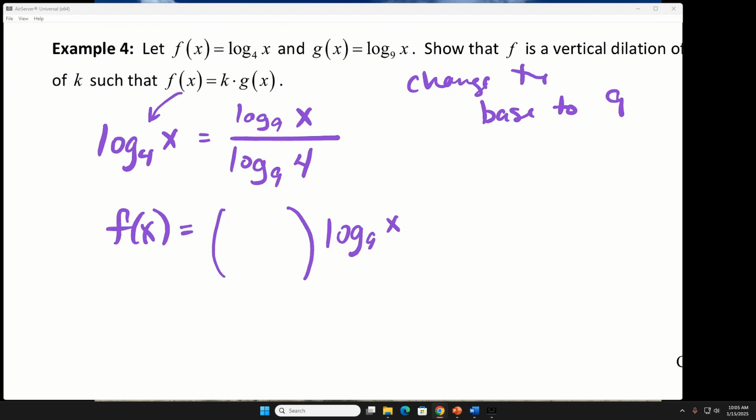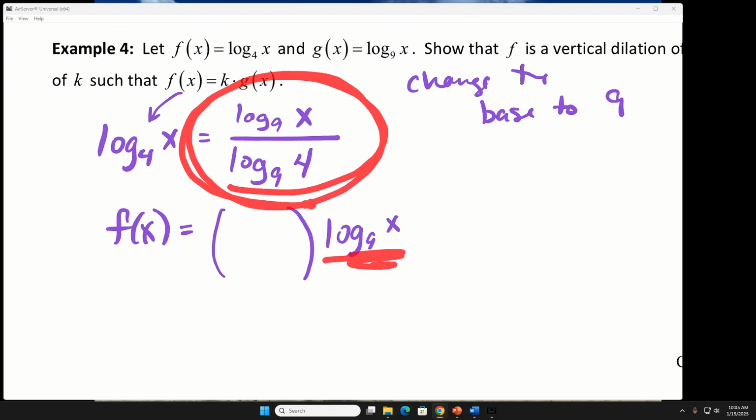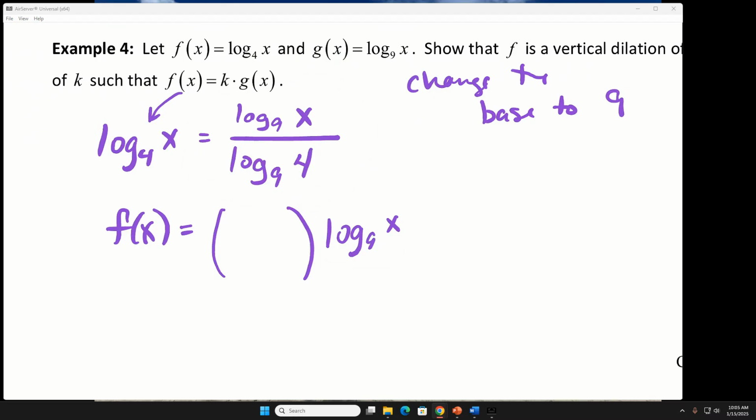You want to be able to multiply log base 9 of x by something to get this whole thing. Be the negative log 4. Yeah, I think you're thinking right, but you're thinking harder than it has to be. So it's just going to be 1 over log base 9 of 4. So that's what k is. Nice job. Okay, so it's a little challenging. It's asked in a weird way.